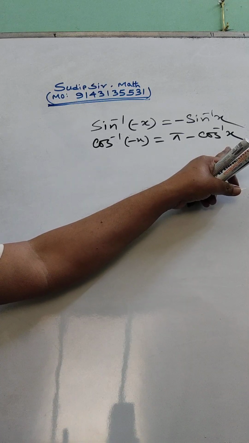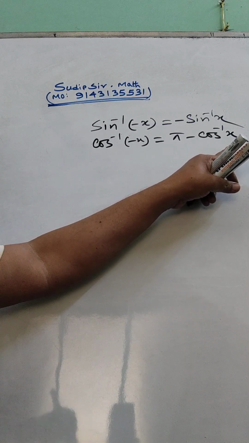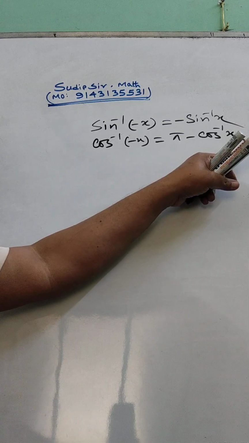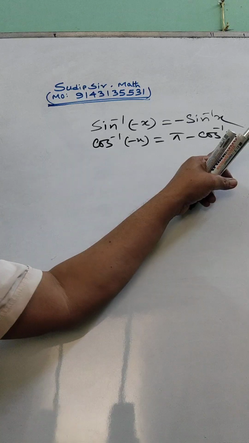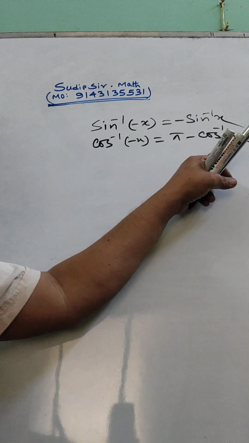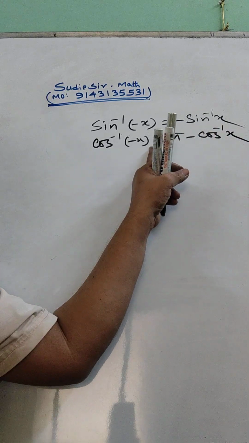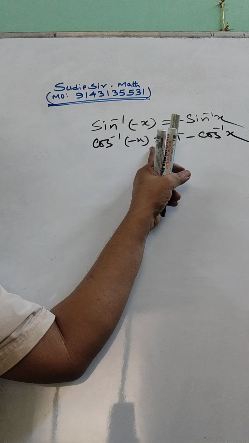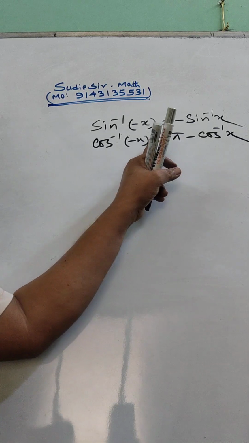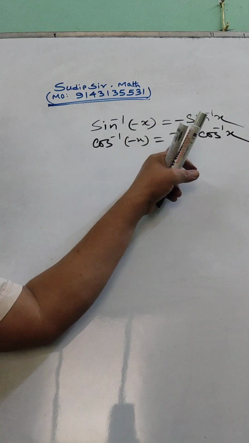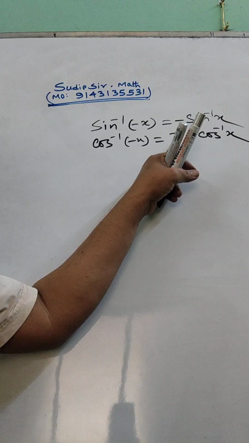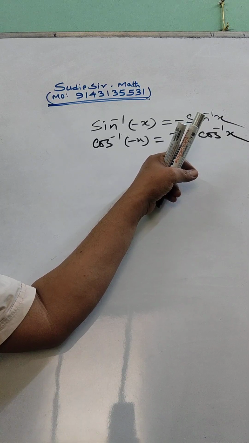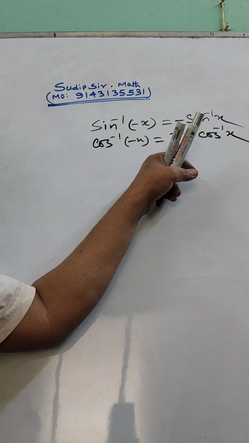Domain, that is minus 1 to 1. You have to remember minus 1 to 1. Within that value, cos inverse minus x equal to pi minus cos inverse x. Okay. Pi minus cos inverse x.